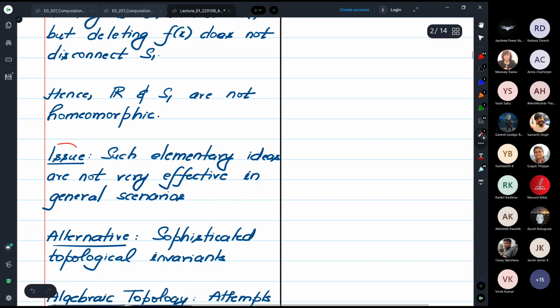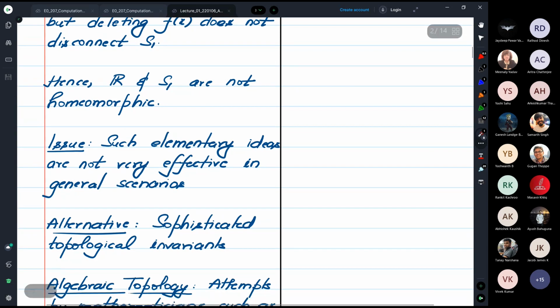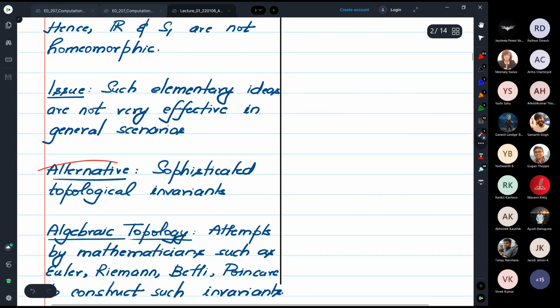The issue with this approach is that such elementary ideas, like deleting points and doing simple operations like this, are not very effective in general scenarios. So what is the alternative? The alternative is to come up with some sophisticated topological invariants. This word is important.